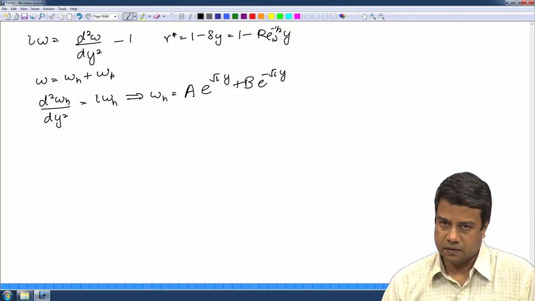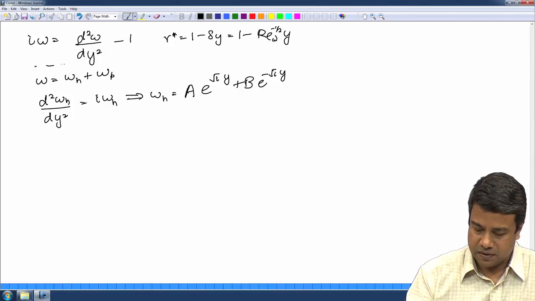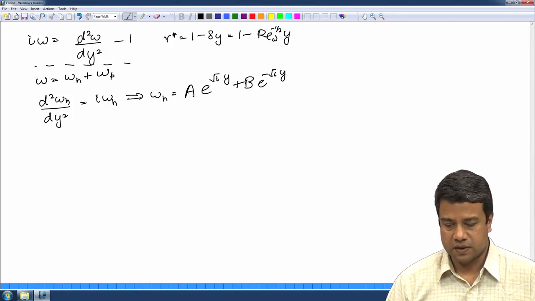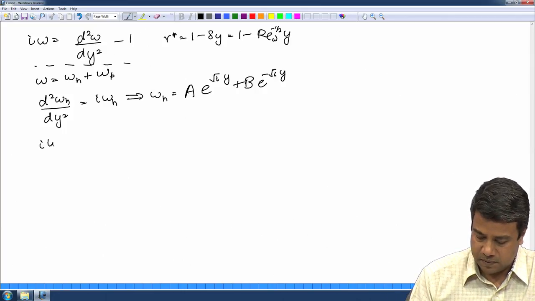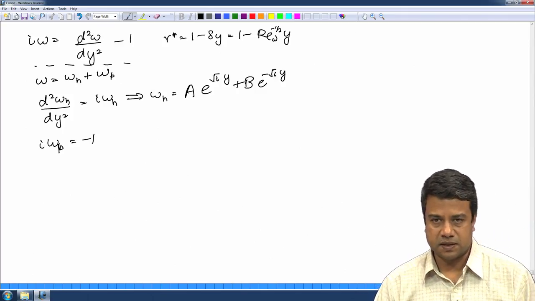The particular solution we had already derived earlier. The particular solution is any one solution that satisfies this equation, and the simplest solution is a constant. I w particular is equal to minus 1. Constant, because if I take the derivative of this, I will get 0.